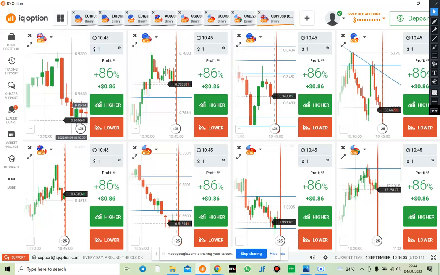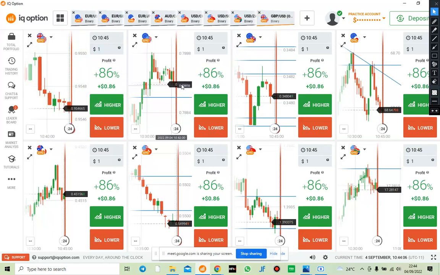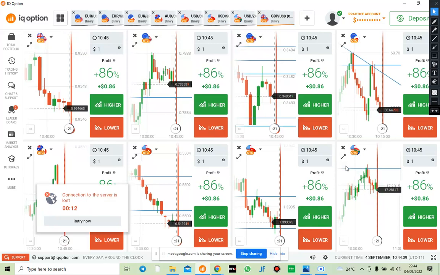Still a red candle. Instead of green, a red candle. Well, it doesn't work.